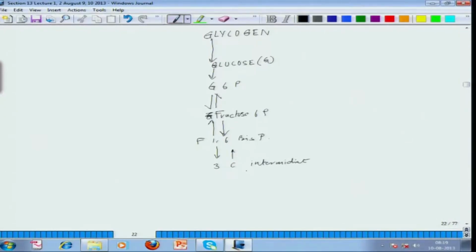From there, you have phosphoenol pyruvate, PEP, then you have pyruvic acid, and then this enters through acetyl coenzyme A inside the mitochondria.